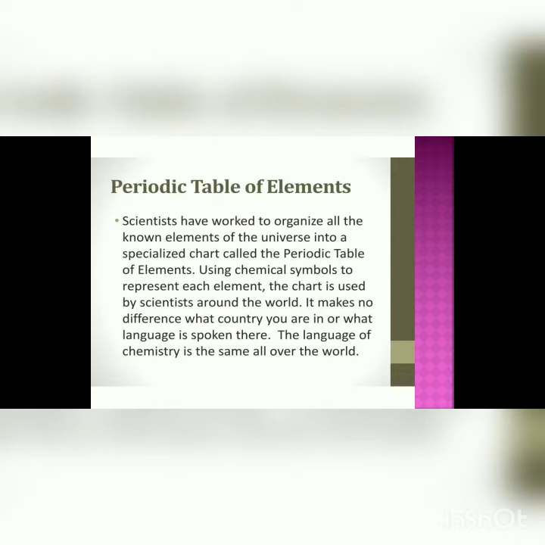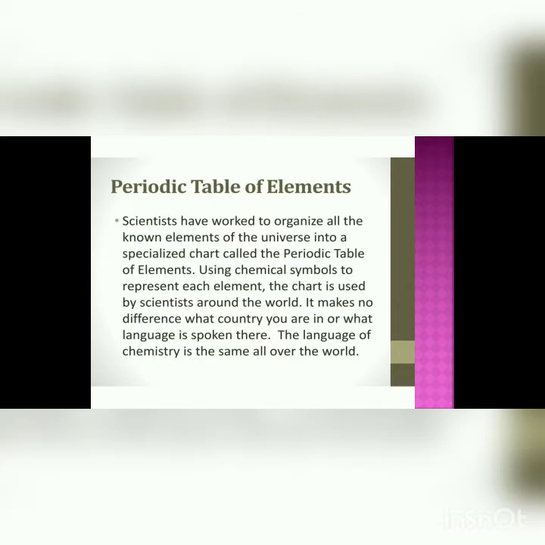Using chemical symbols to represent each element, the chart is used by scientists around the world. It makes no difference what country you are in or what language is spoken there. The language of chemistry is the same all over the world. So this chart of the periodic table is universal. No matter where you go, the chart will be the same, the symbols will be the same.